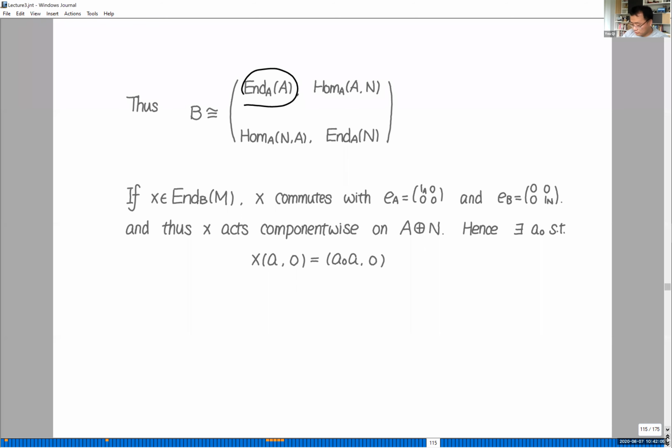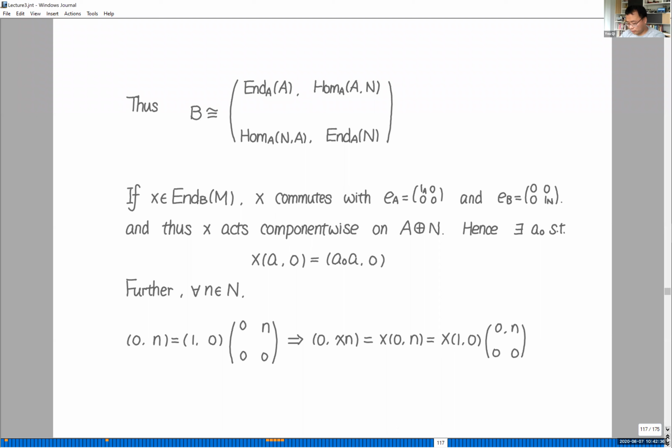But now this is relatively easy. You can move any element n by using an upper triangular matrix from an element that's originally in A. So (0, n) comes from the element (0, 1) in A direct sum N times some element b, where this element b is the off-diagonal matrix with n in the corner and zeros elsewhere. But this action commutes with the action of x, so you can take it out.